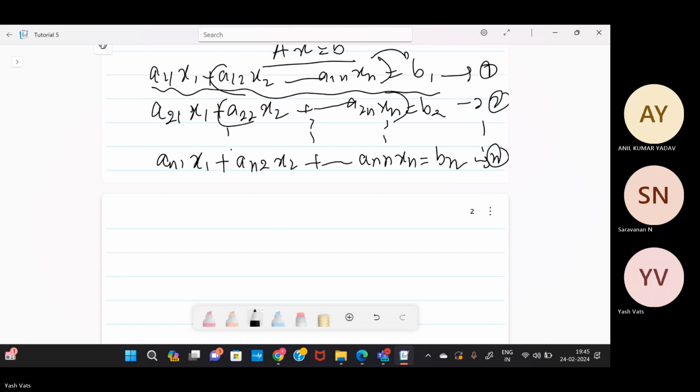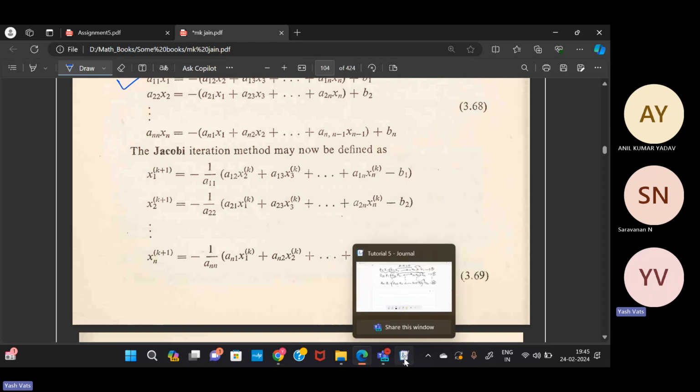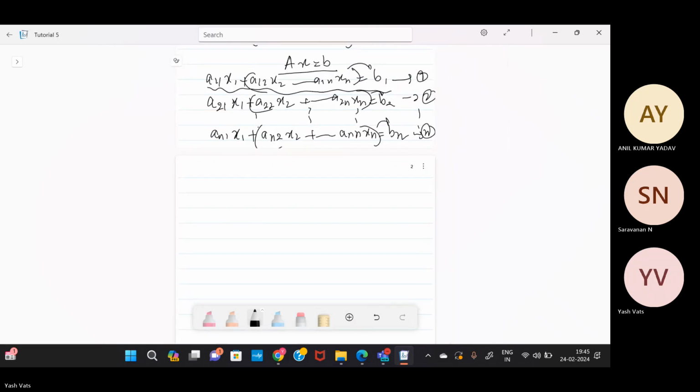Clear? Yes. Then in the Jacobi iteration method, we try to find the value of x1. So x1 is b1 minus A12 x2 and so on, divided by A11. Right, this is your x1.